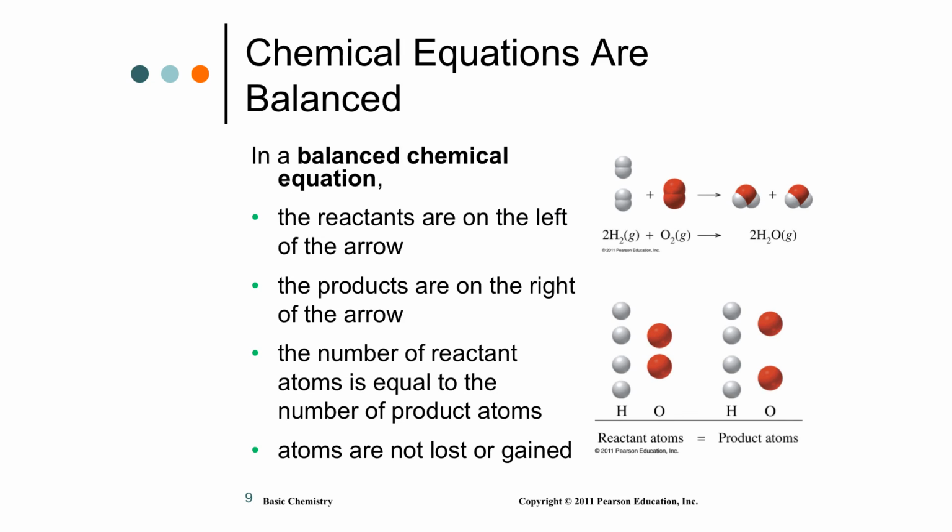In a balanced chemical equation, and this is what we're going to do next time, you have to make sure that all of the material is the same amount on both sides. All right, so you have the same amount of Lego blocks at the beginning, same amount at the end. You can configure them in different orders, but they have to be exactly the same. And so by doing that, you're showing that you didn't make matter.